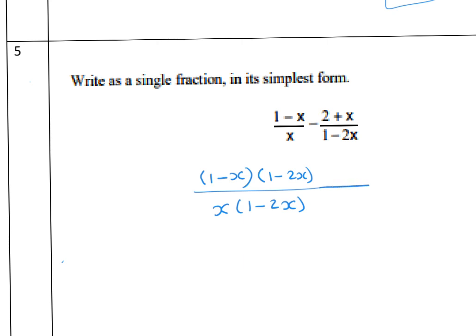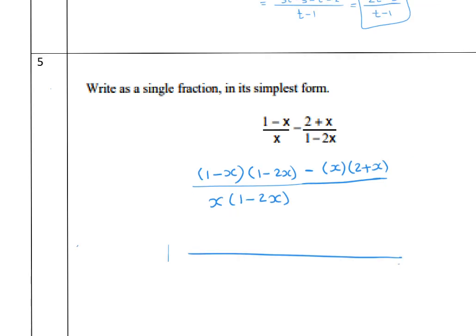Then expand later. Minus, because we have minus, 2 plus x times x. Also, you should write them in brackets. Or you can write x times 2 plus x. Okay? Now 1 times 1 equals 1. 1 times negative 2x, negative 2x.